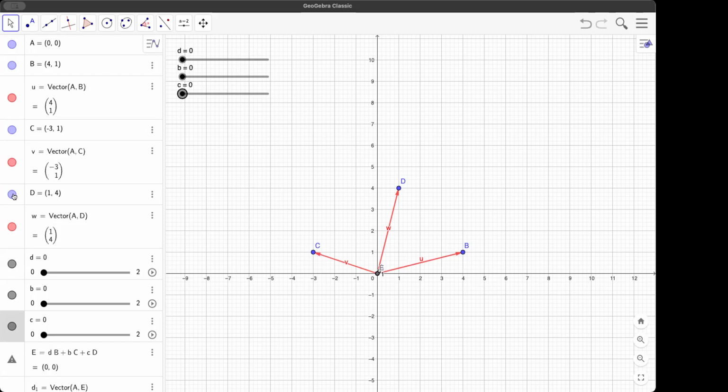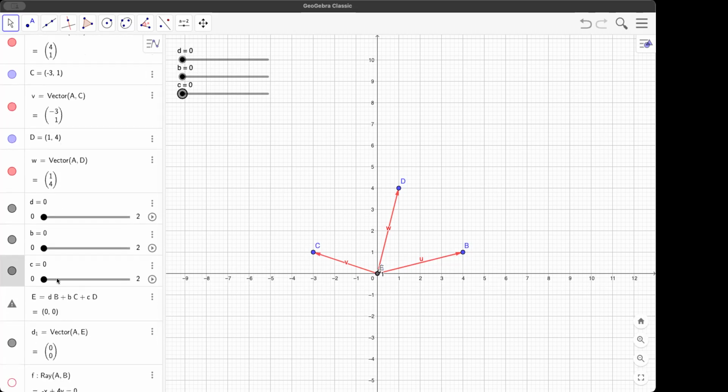So let me show you how that looks. These 3 sliders that you see here control the weights.